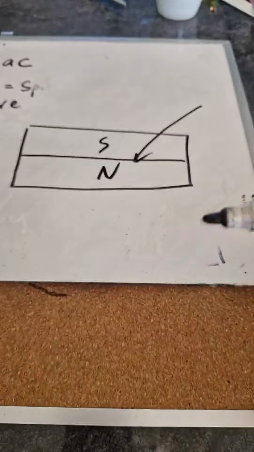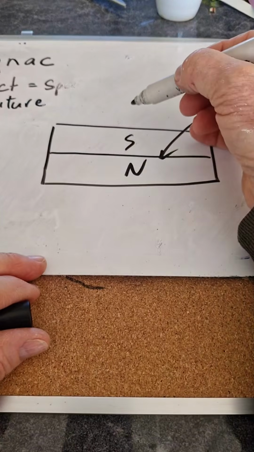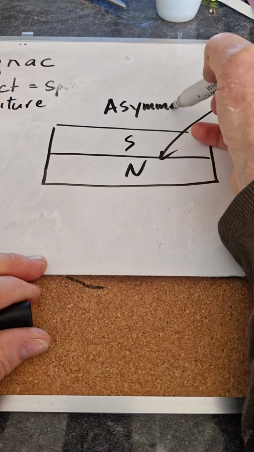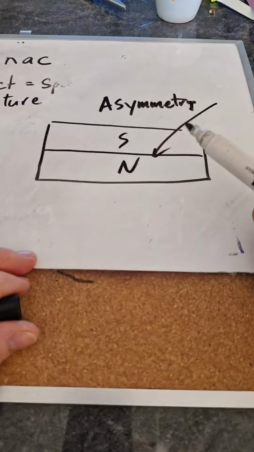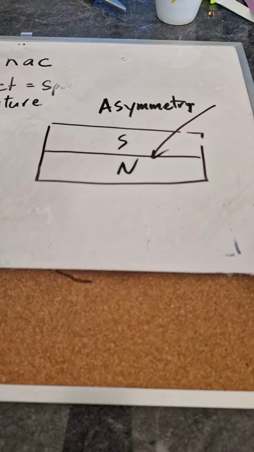If there was, well, first you've got to understand the asymmetry in magnetism. Asymmetry. If there was no asymmetry, life wouldn't exist on Earth. It's what creates the friction, what creates good and bad, male or female.